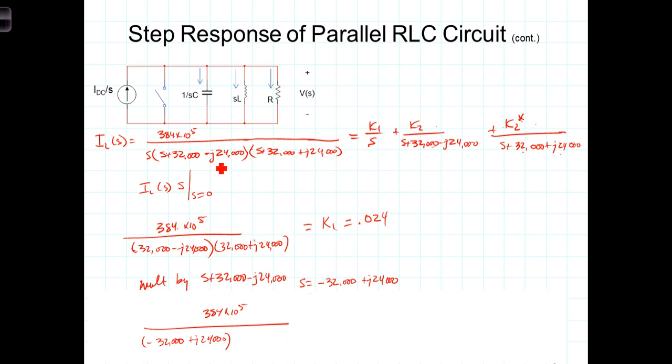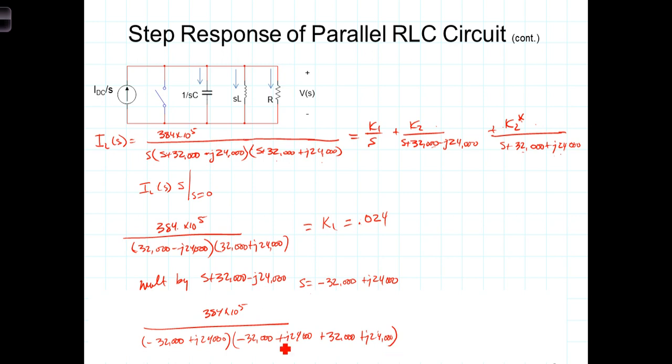Of course, this term canceled when we multiplied both sides of the equation by that, so we're still left with this term evaluated at S equals negative 32,000 plus j 24,000. That's the S, plus then those two terms still there, plus 32,000 plus j 24,000.